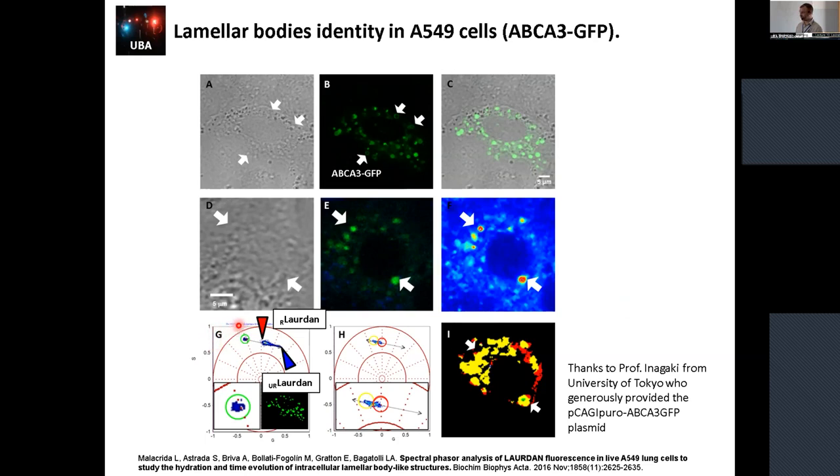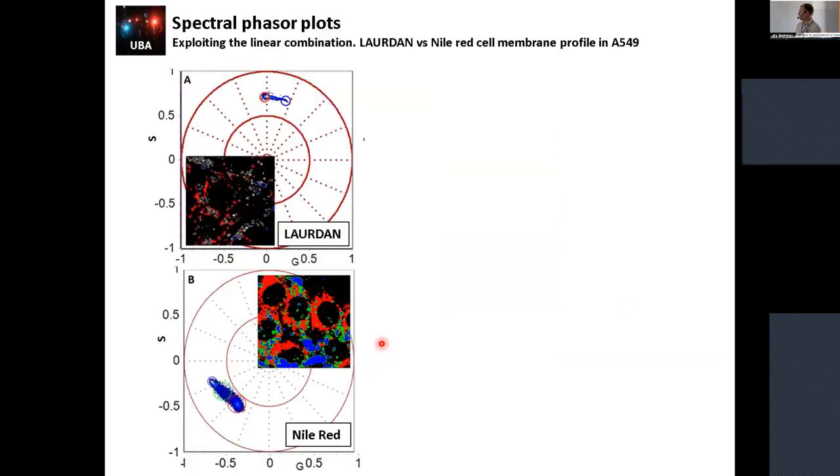So I tried to tackle this with biophysics and spectral phasor. The problem was that green fluorescent protein lies on the phasor here, and the Laurdan trajectory is this. You see that if you combine green fluorescent protein with Laurdan, it will not give you much information about the combination between fluid or gel with the green fluorescent protein. But we can use a different fluorophore, which is Nile Red, which behaves more or less the same as Laurdan.